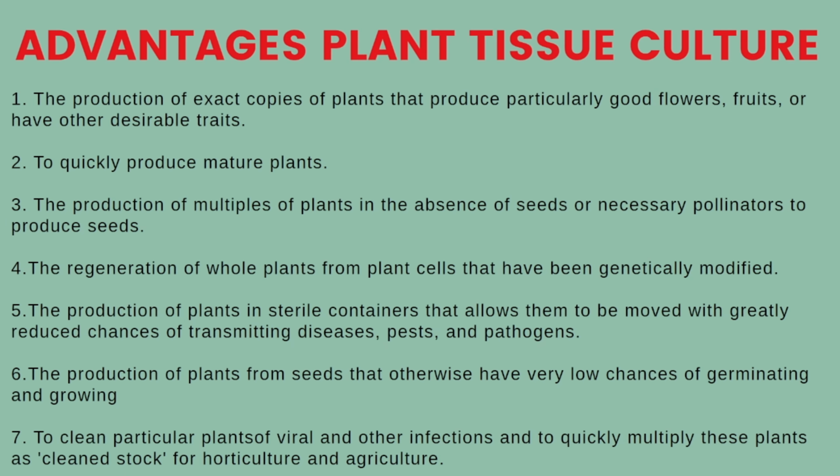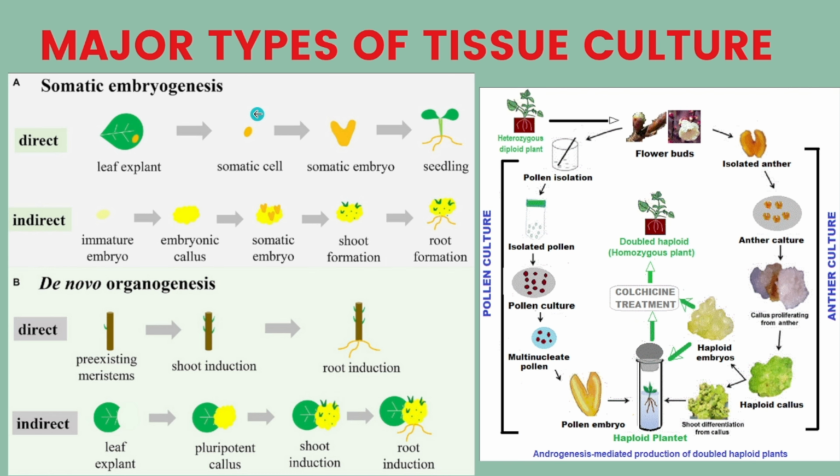Okay, and then these are the advantages of plant tissue culture. One of the advantages is you can produce particularly good flowers, fruits, and other desirable traits easily. You can make an exact copy, because this is a direct copy. There is no variation process.